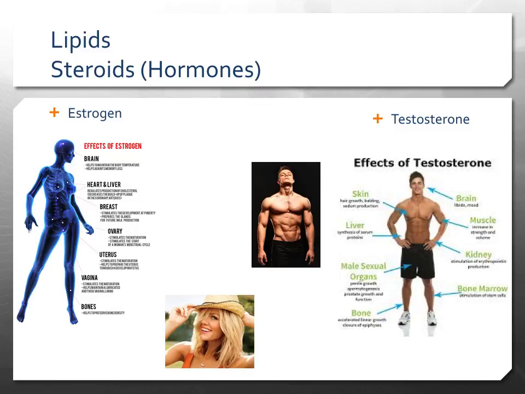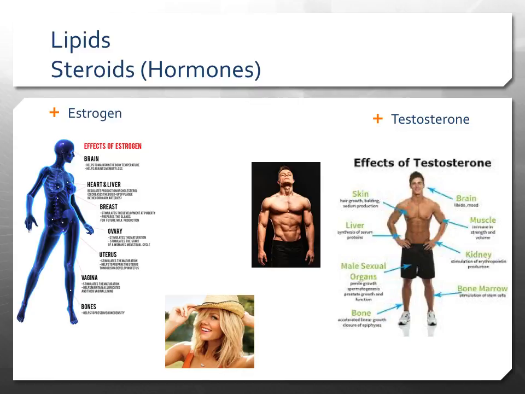It stimulates the male organs. It also increases the mass of your muscles and also increases the mass of your bones. It produces extra hair on your body, including facial hair and body hair. Basically, all the characteristics that make men men.